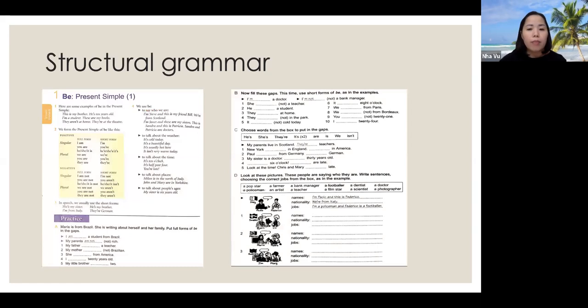And this is an example, and I got it from one of the books by Oxford. And it is an example of how structural grammar is presented in exercises for the students.